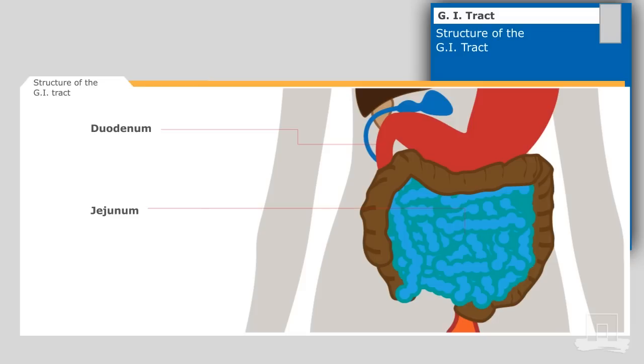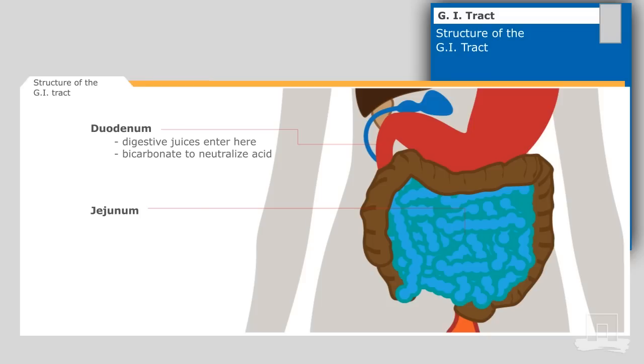And the digestive juices from the pancreas and the bile produced in the liver enter the alimentary tract at the level of the duodenum. Now, the digestive juices entering the duodenum contain a lot of bicarbonate that serves to neutralize the acid food bolus entering from the stomach to allow food digestion to continue.